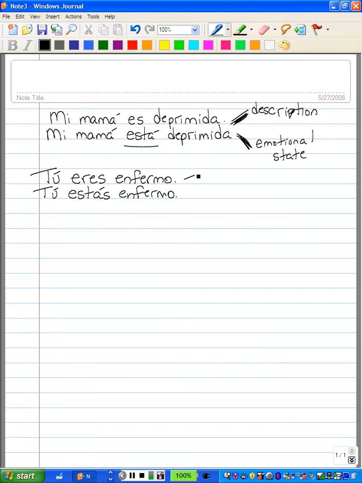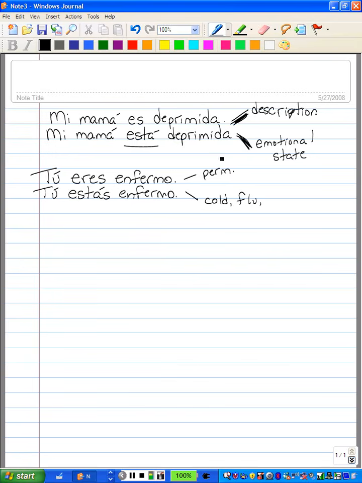This one right here implies permanence. Alright, meaning that someone's terminally ill. It's something that they cannot get over. Estás enfermo says you are sick. This means maybe you have a cold, the flu, pneumonia, something that can be cured.